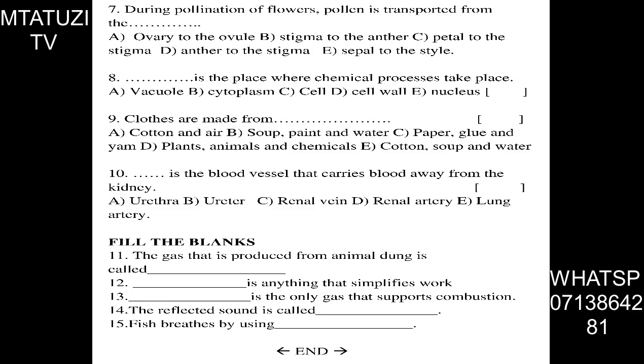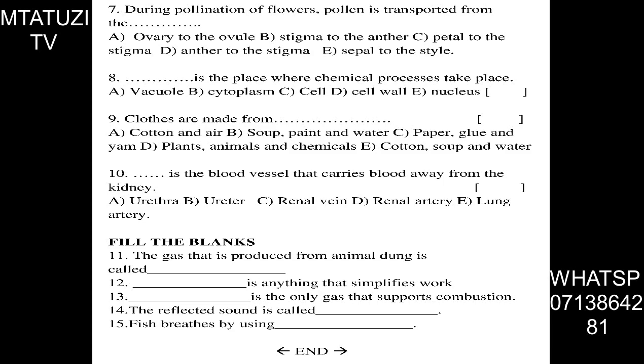So in which place in these two types of cell do chemical processes take place? You have to choose among the alternatives given: A, vacuole; B, cytoplasm; C, cell; D, cell wall; E, nucleus.